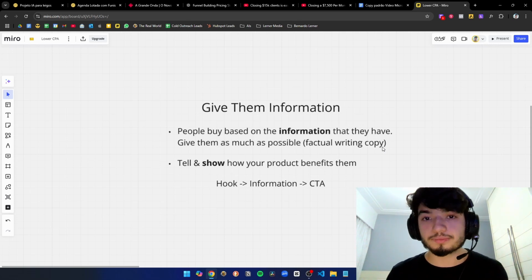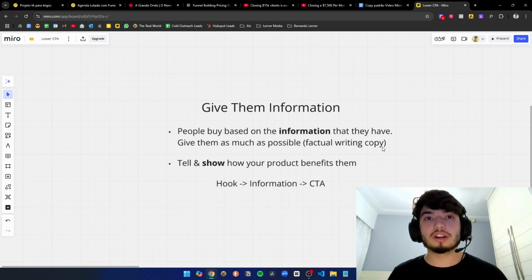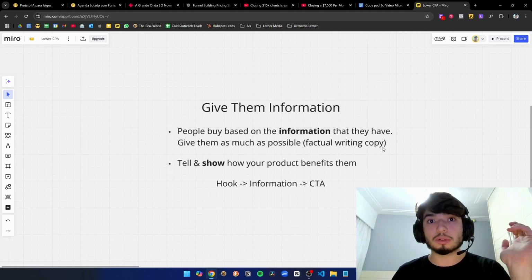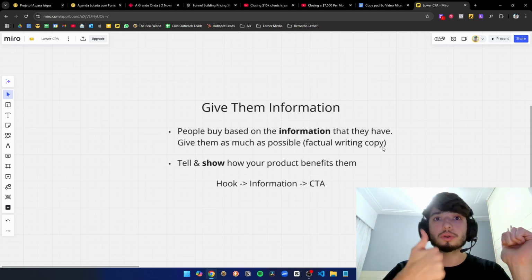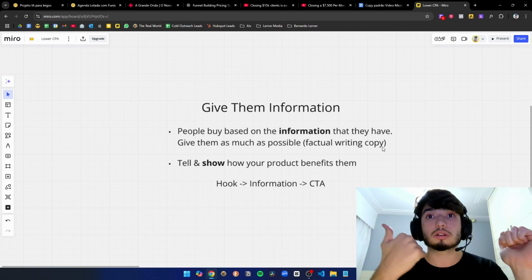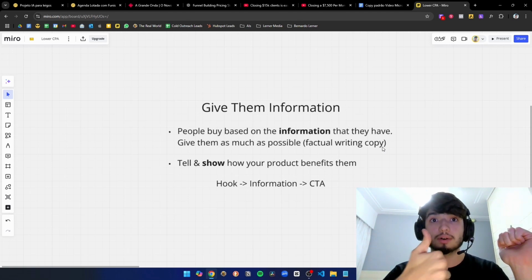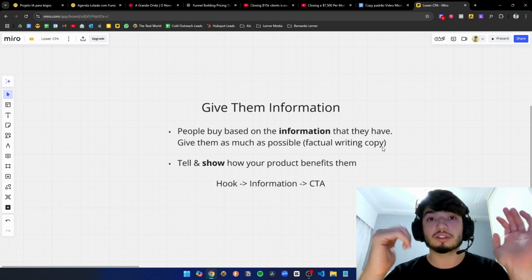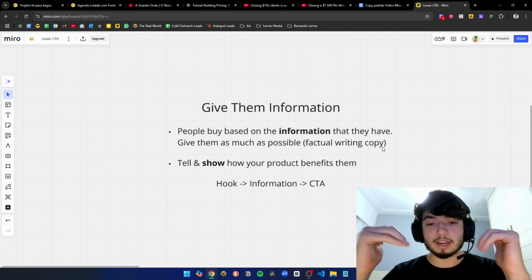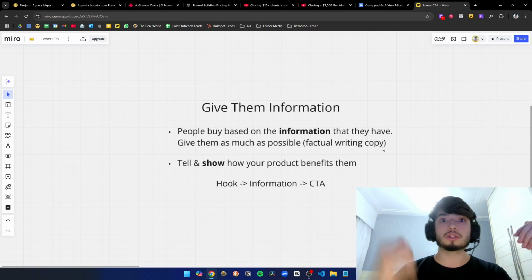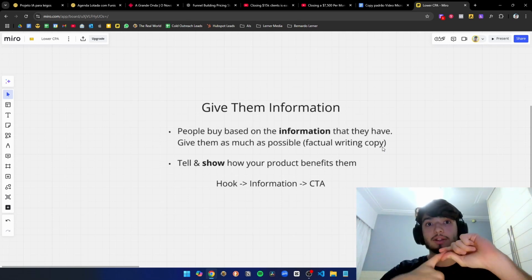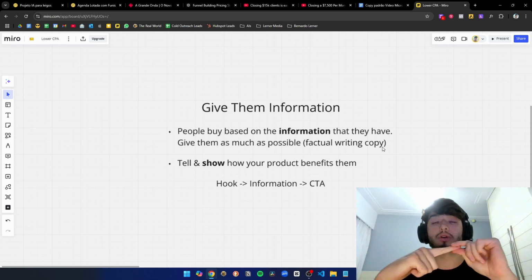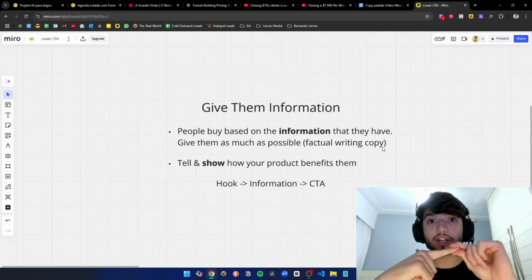The likelihood of you buying something without information is almost zero because, one, you don't know why it works, how it works, if it works for you, right? This is a big objection, regardless of the niche, regardless of the business. And by giving them information, you, one, explain why it is for them, two, how your product works.